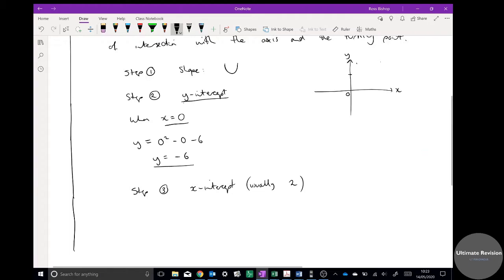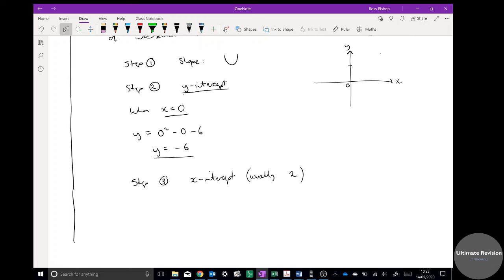Or it just touches, and that's called a repeated root. Or the third option is when it's floating and there's no intercept. So there's 3 options there, and we'll have a look at what happens for each. Okay, so usually 2, and this is when y equals 0.